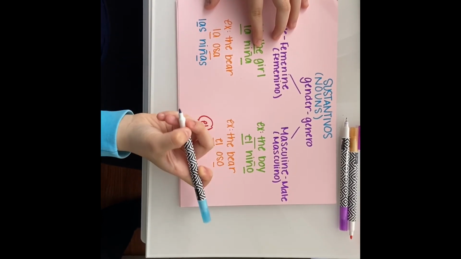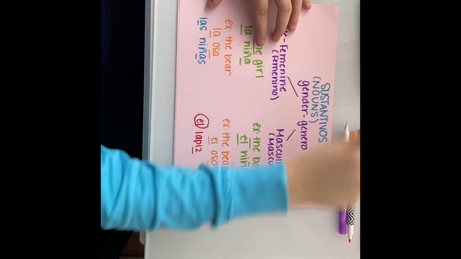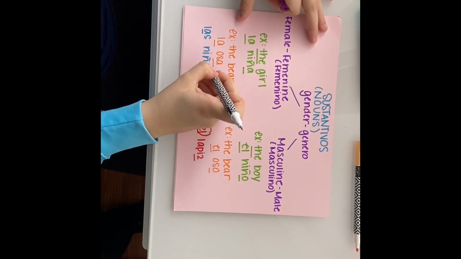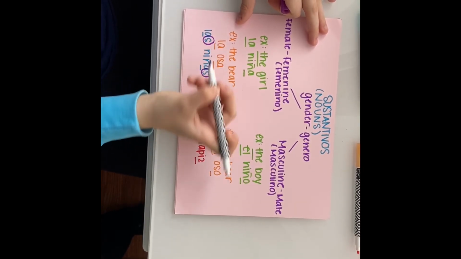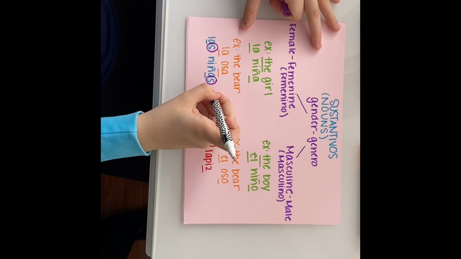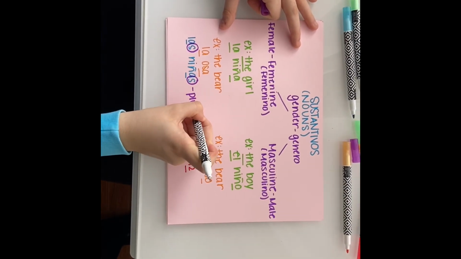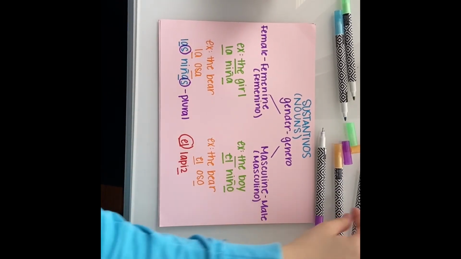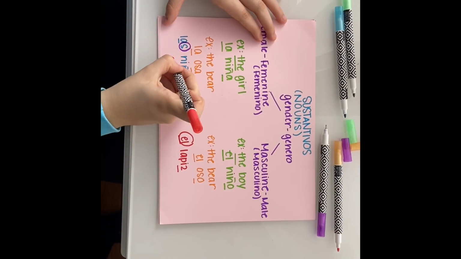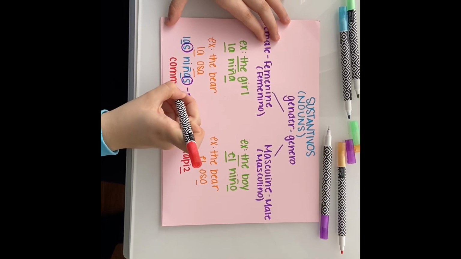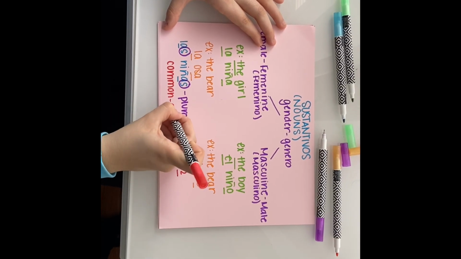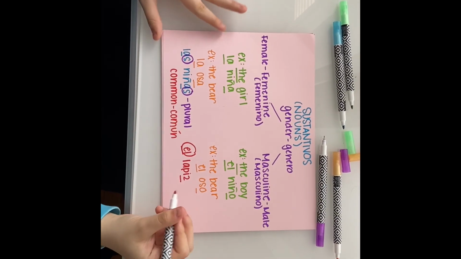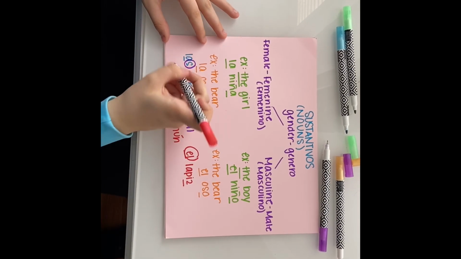But as you can tell, it also contains the S, which is, as we learned before, plural. And as we learned before too, it's a common noun, un sustantivo común, because girls aren't specific. The girls are not specific. The girls is just a group in general.